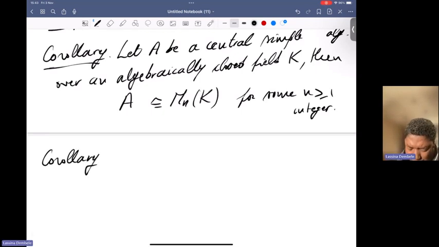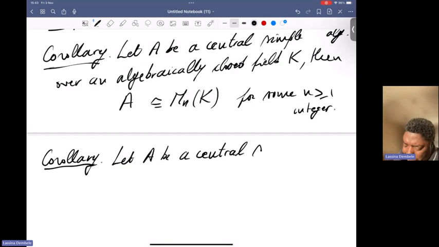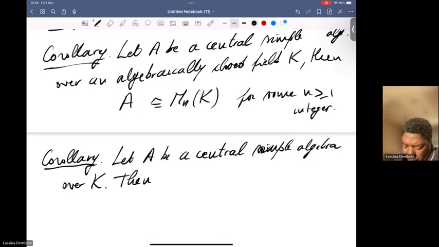The second corollary is also easy to prove from the theorem. So let A be a central simple algebra over K. Then there's an integer n such that the dimension of A over K is n squared.